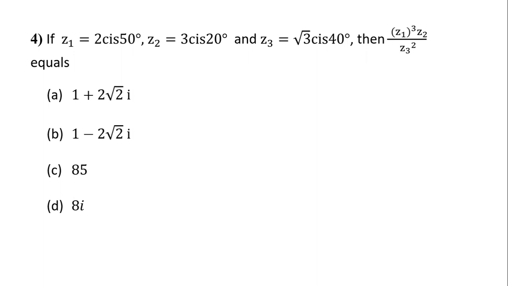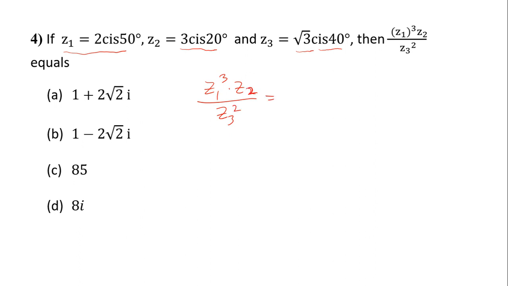Now, if Z1 is equal to 2 CIS 50 and Z2 is 3 CIS 20 and Z3 is square root 3 CIS 40, then what is Z1 cubed times Z2 over Z sub 3 squared? Let's do it, and we have to use some properties here.